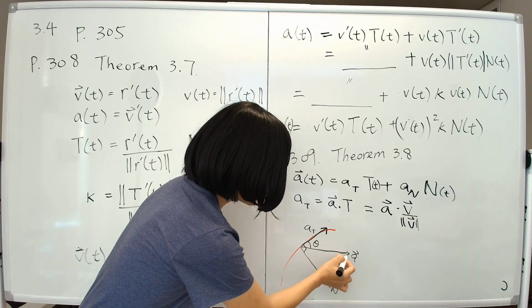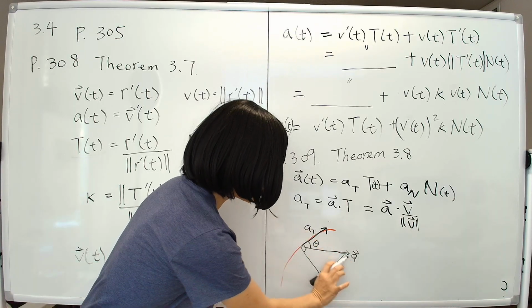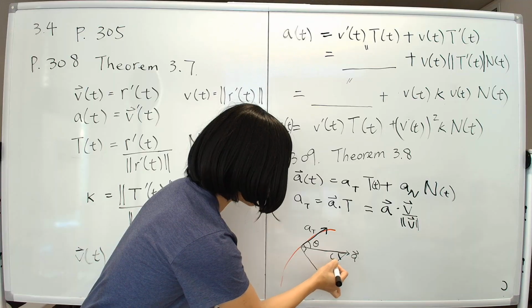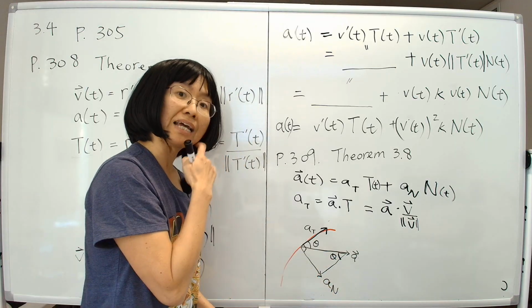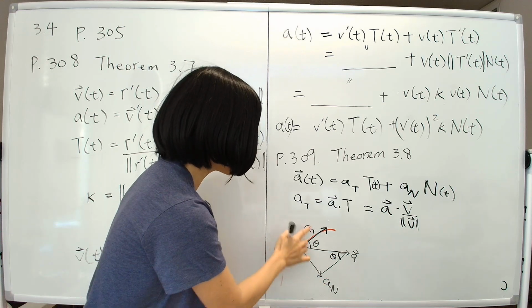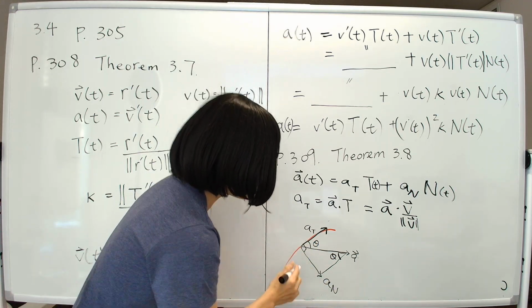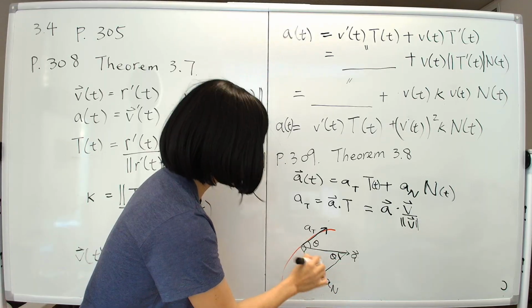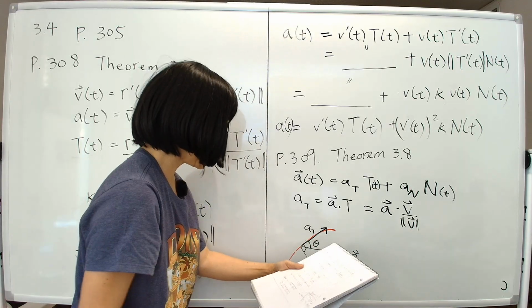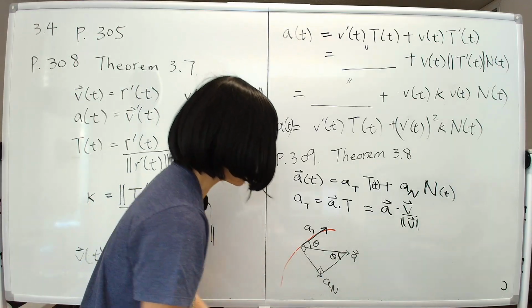Now, these are parallel lines, so this is also theta. And then we're trying to figure out the length of this thing, which is AN. AN is not a vector, it's just a number. So this is the right angle, and this length AN will be given as A sine theta, right?